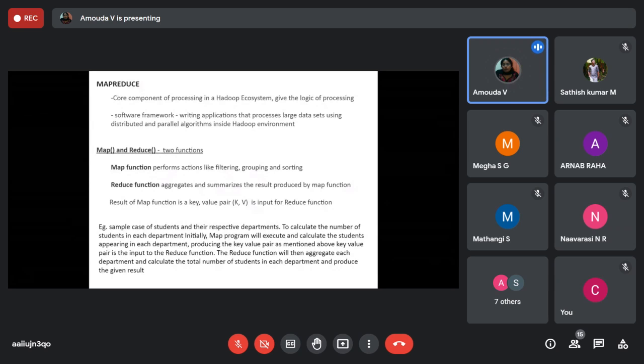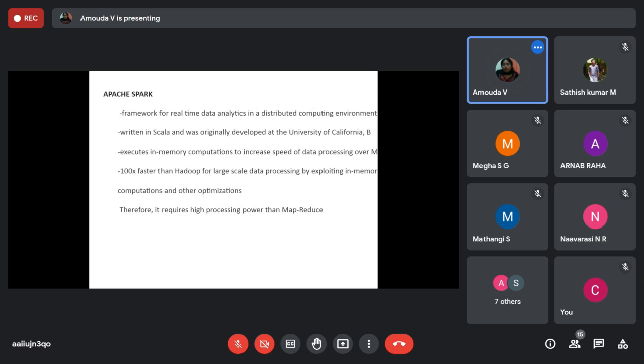The reduce function, with that key value, takes the value from each data and gives the pair as a result. So this will be executed, and we will show you how the MapReduce function works. It's a module in Hadoop. We will use it in the practical session.